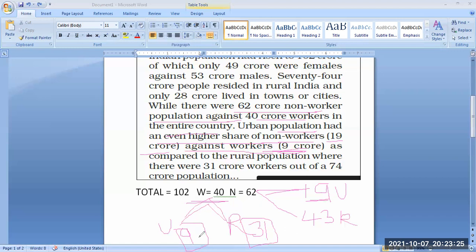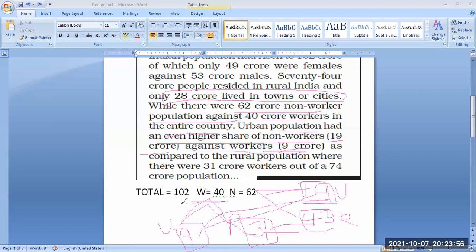See, urban population: 9 workers plus 19 non-workers is equal to 28. Twenty-eight is the urban population mentioned in the problem. Similarly, 31 workers belong to rural area, and 43 non-workers belong to rural area. 43 plus 31, total 74.